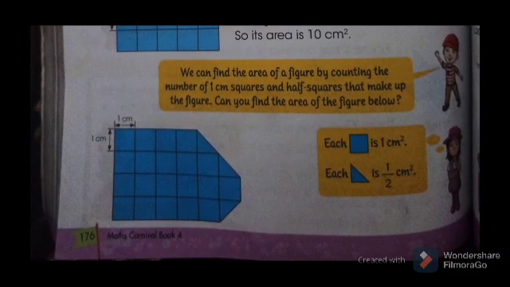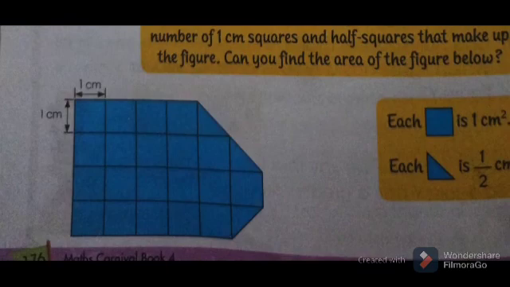We can find the area of a figure by counting the number of 1 centimeter squares and half squares that make up the figure. Can you find the area of this figure? Dear students, first count the whole parts. 1, 2, 3, 4, 5, 6, 7, 8, 9, 10, 11, 12, 13, 14, 15, 16, 17, 18, 19, 20, and there are 3 half squares.